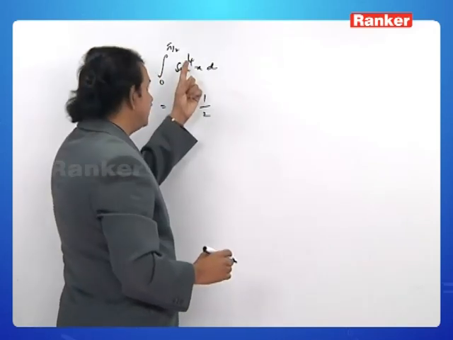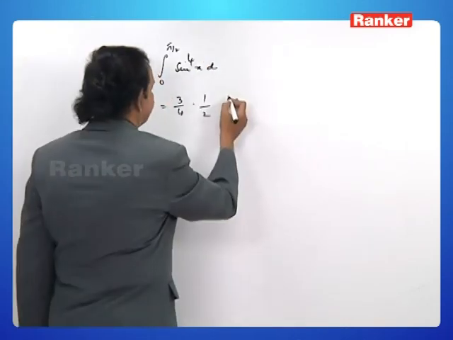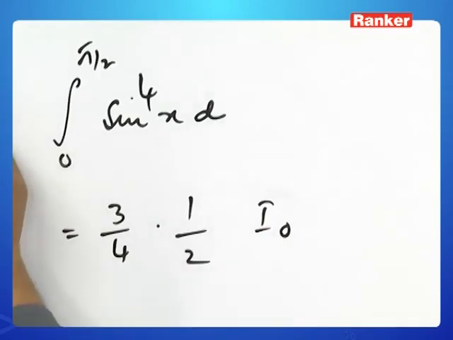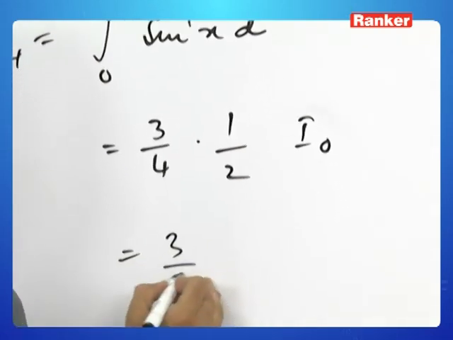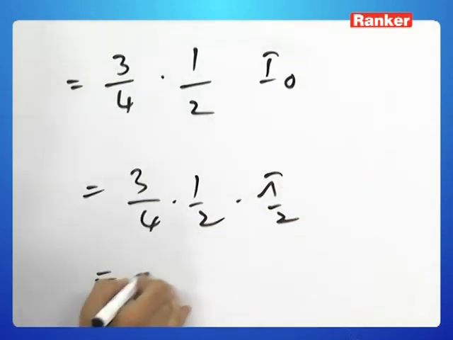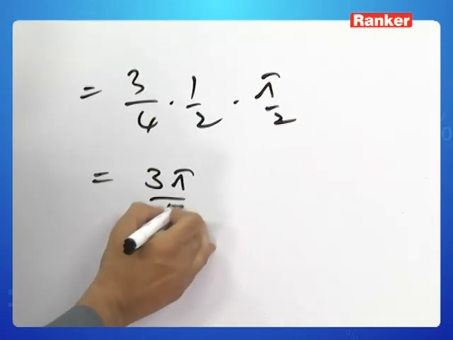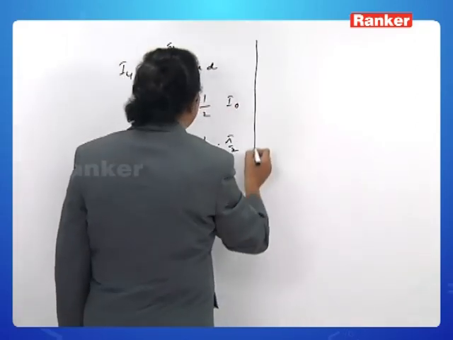Now you think of, is n even or odd? It is even. Therefore, you take I0, which is pi by 2. Hence, the answer is 3 pi by 16.